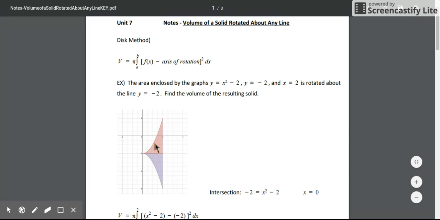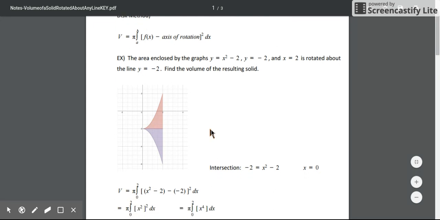So if I subtract the top coordinate from the bottom coordinate, then I get that distance. And now I can use that as my radius. So we're going to do our function minus the axis of rotation, or the output on this graph minus the value here gives us the distance between those 2 points. So that's all we need to do to change our disk method equation.